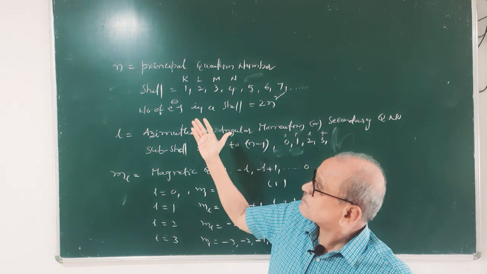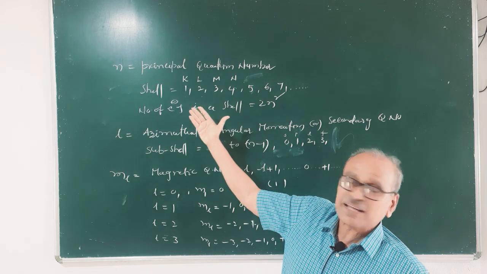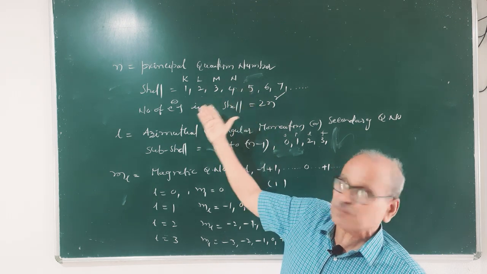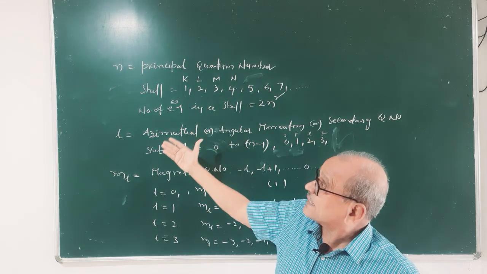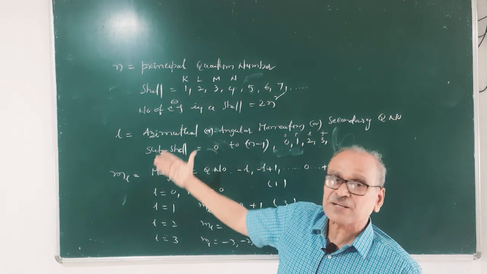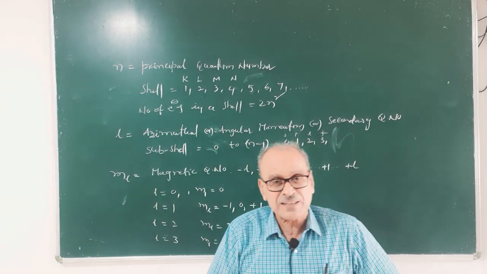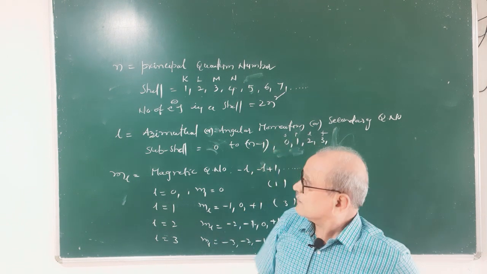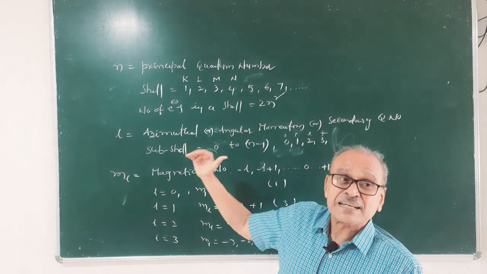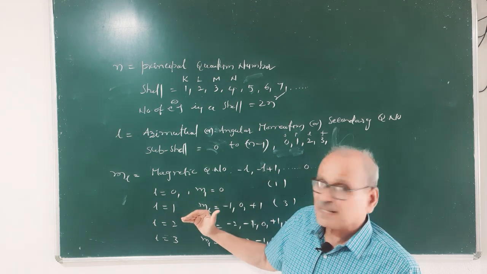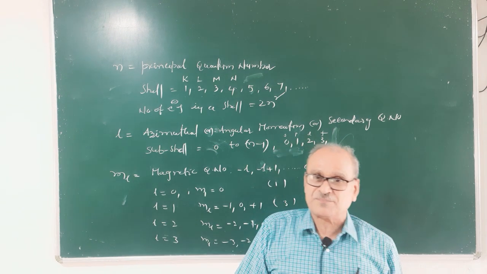As I explained, n is the principal quantum number given by both letter symbols and a number, and also l and ml. l depends on n, ml depends on l. Now, starting with n equal to 1, we can represent l and ml. l represents the subshell, ml represents the number of orbitals present in a subshell.